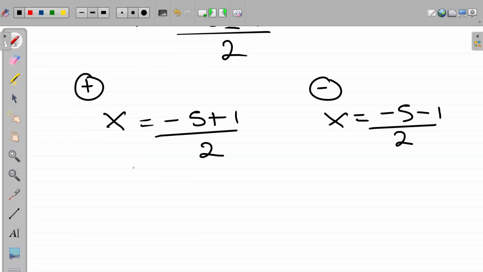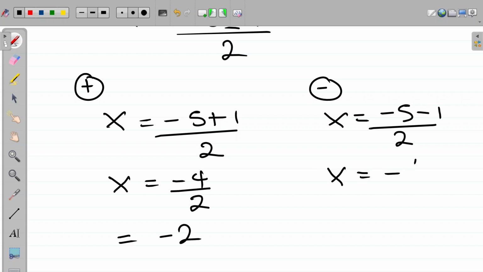So this becomes x equal to minus 4 divided by 2, which is equal to minus 2. And at this point, we have x equal to minus 6 divided by 2, so x is equal to minus 3. We have been able to obtain the zeros or the roots of our quadratic equation using the formula method.